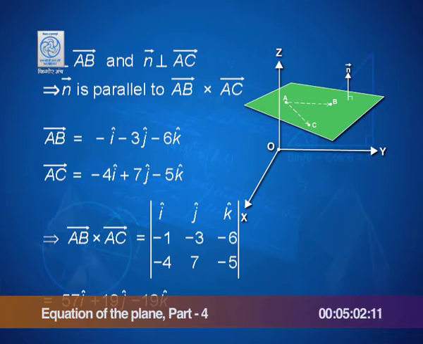So, normal is any direction which is perpendicular to the plane containing these 3 points, and therefore, normal will be same as the vector AB cross AC.